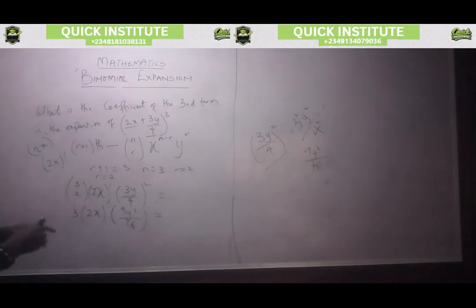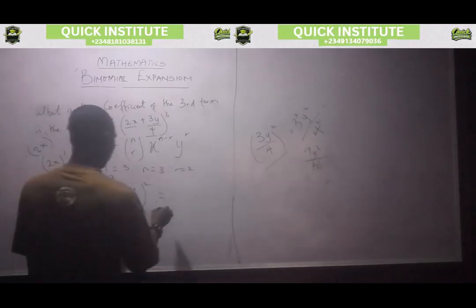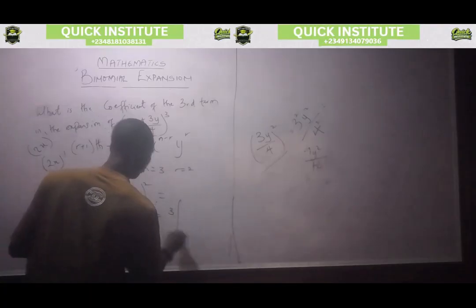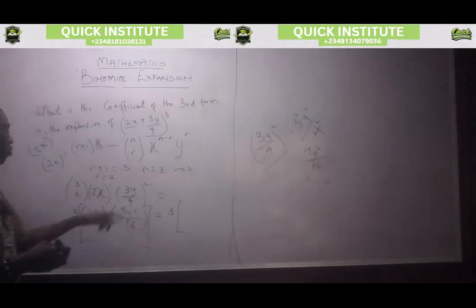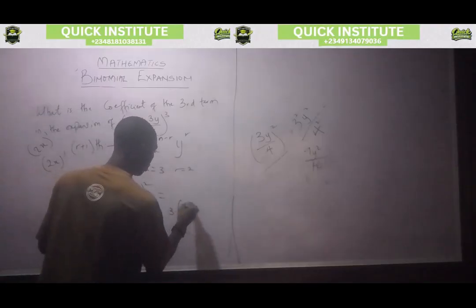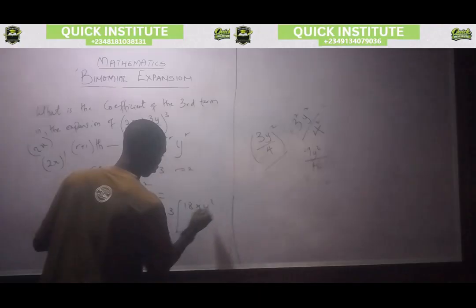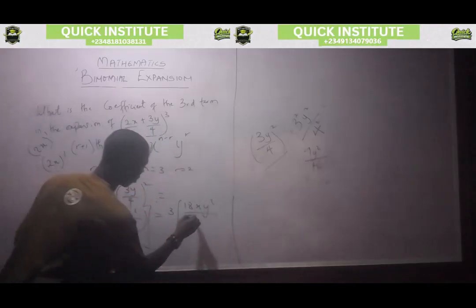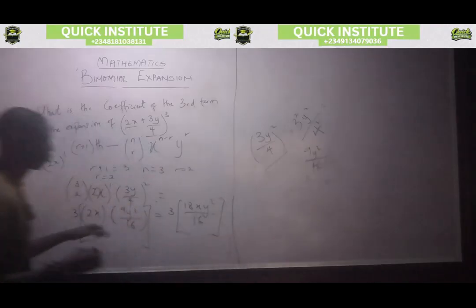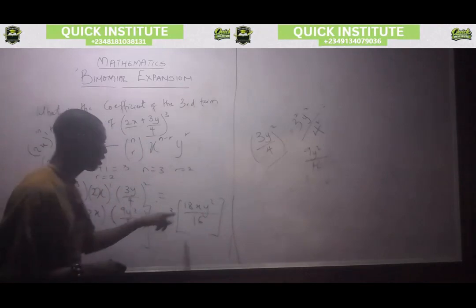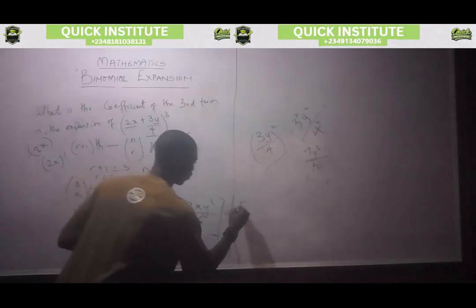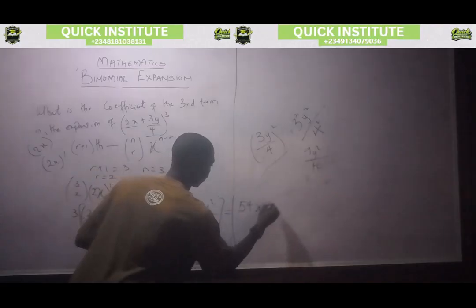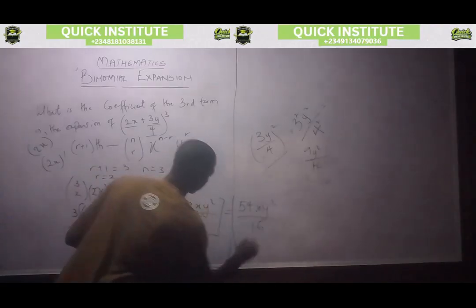Now you have 3 times 2 times 9, which is 18, x is there, and y square over 16. Then 3 times 18 is 54, so 54 x y square over 16.